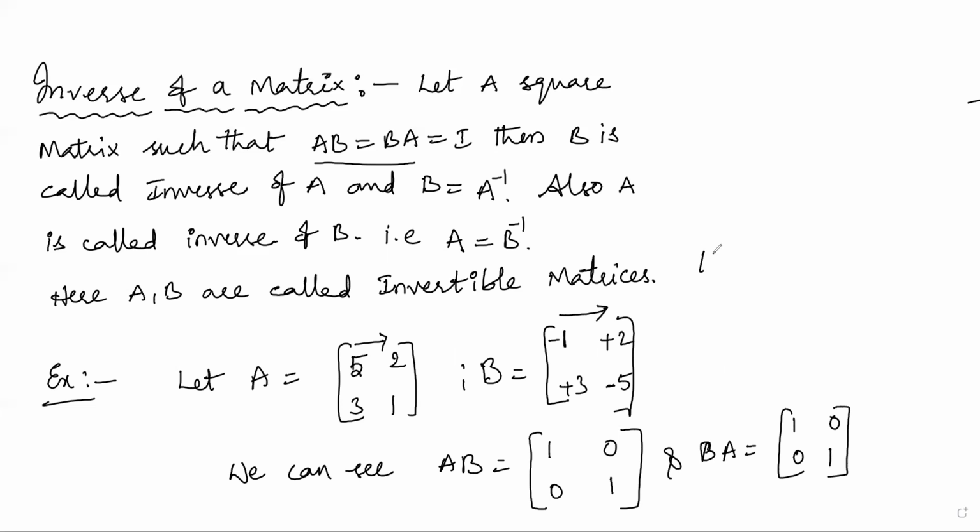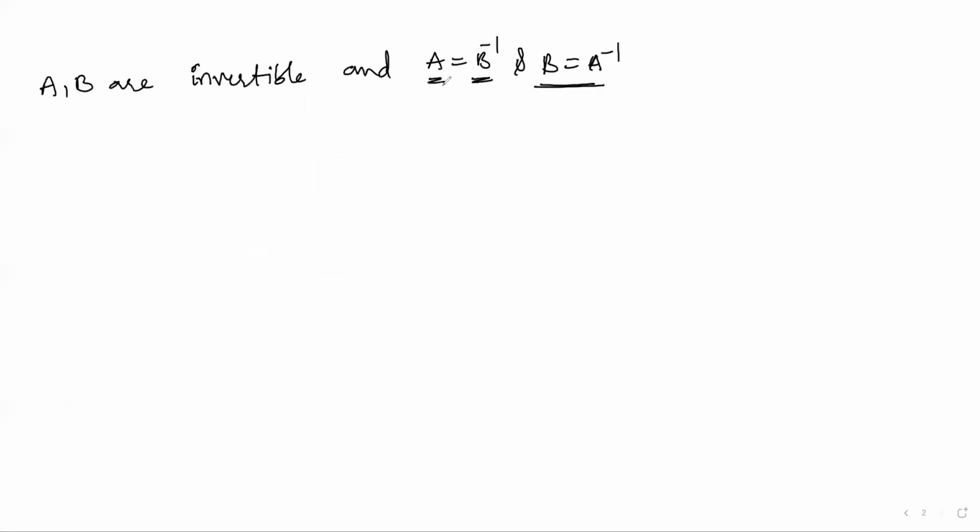Very clearly, AB equals BA equals I. Therefore, A and B are invertible, and A equals B inverse and B equals A inverse. A inverse equals B, and B inverse equals A.